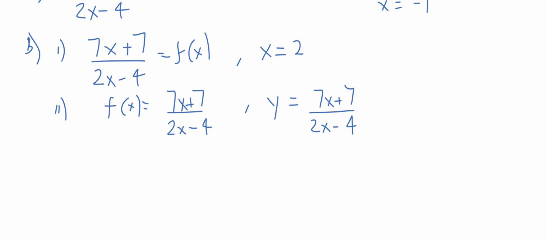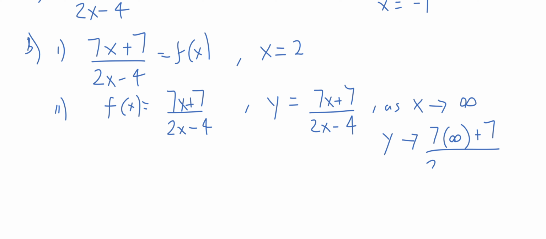So we'll deal with positive infinity first. As x approaches positive infinity, y approaches 7 multiplied by infinity plus 7 over 2 multiplied by infinity minus 4. When you're dealing with infinity, if you're adding or subtracting a constant to it, then it really makes no difference.